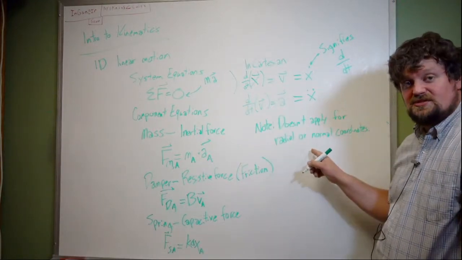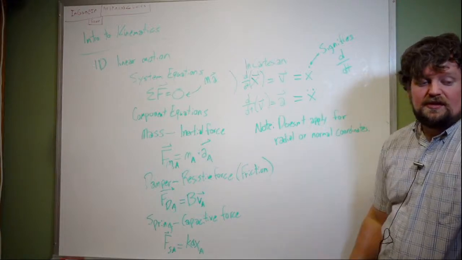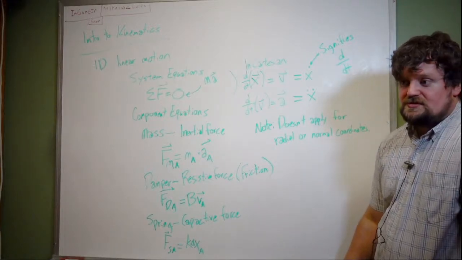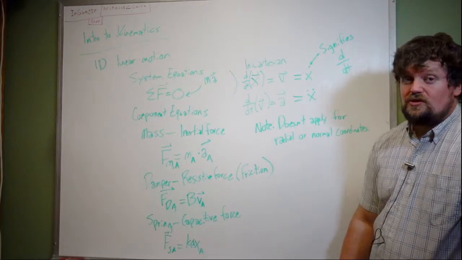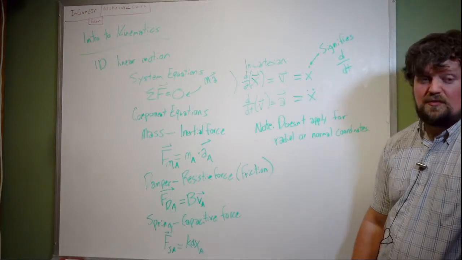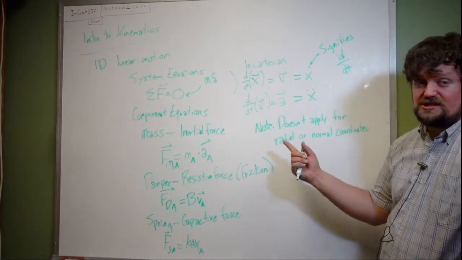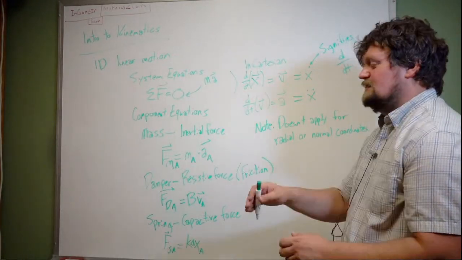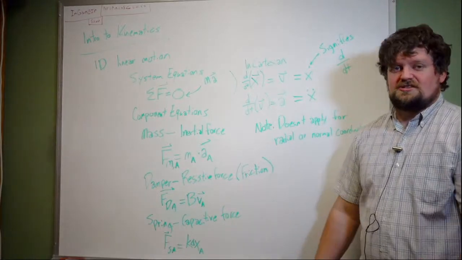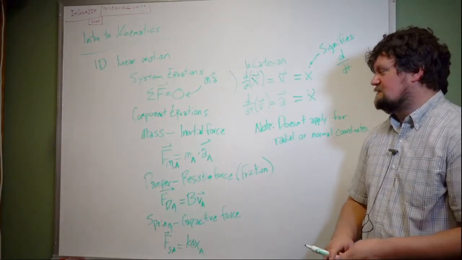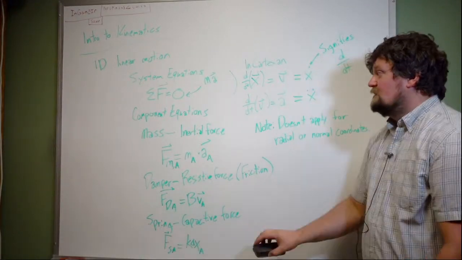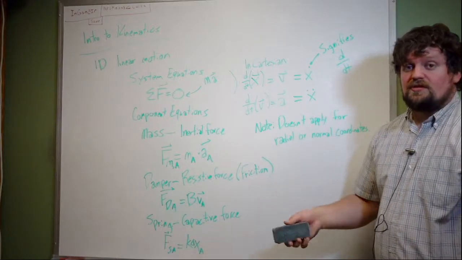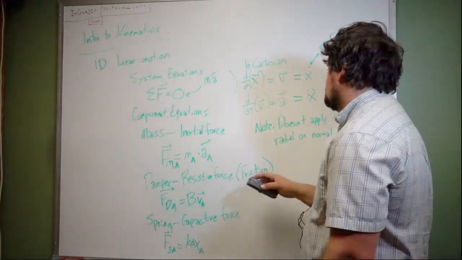You'd have to look at the specific formulas for that. Still not sure if we're going to be using those other coordinates. While they are valuable, they can be kind of a pain, and we can do most everything in Cartesian because it's just simpler. Cartesian gives us nice perpendicular lines to work with. Everybody likes simple. Okay, so these are all the equations we're going to be working with on this particular system.